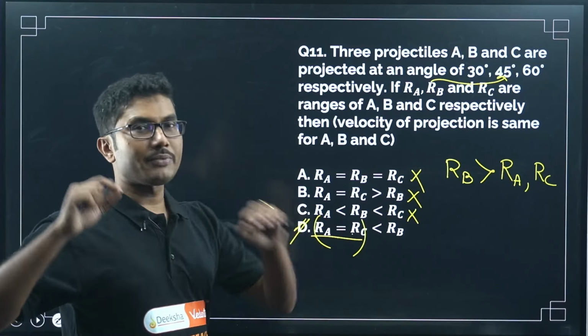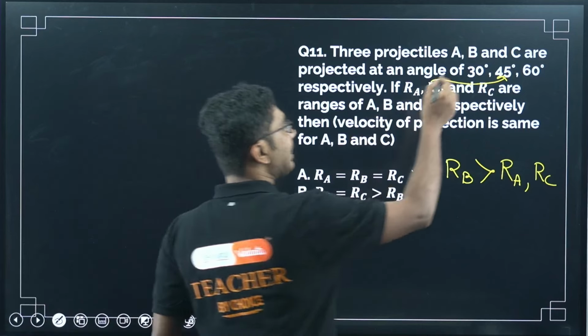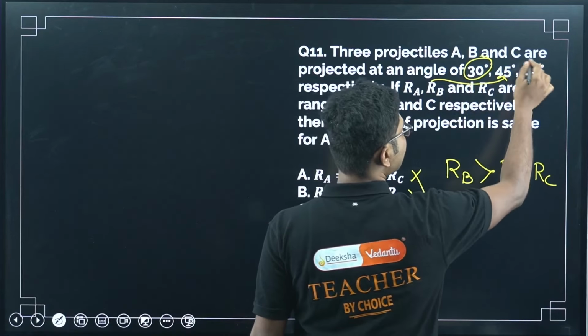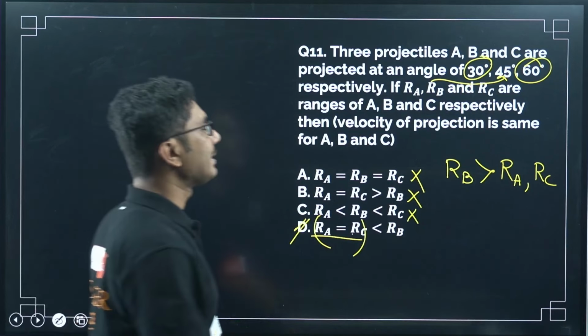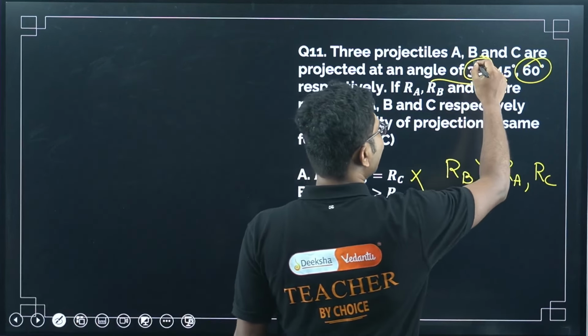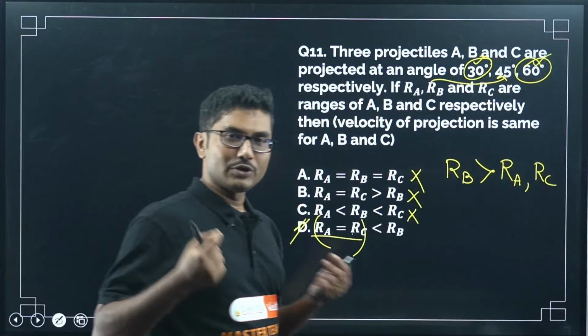Now apart from that, one more concept which is not super relevant, but you should know: if you add two angles and you get 90 degrees, then projecting the first one with this angle and the second one with this angle, the range will be equal.